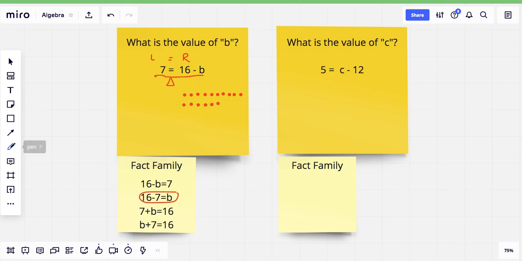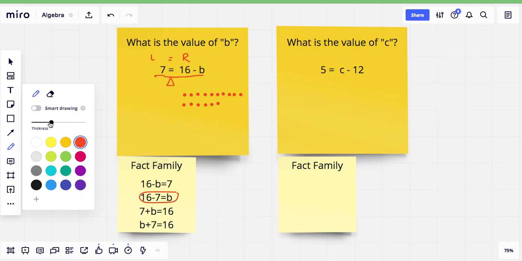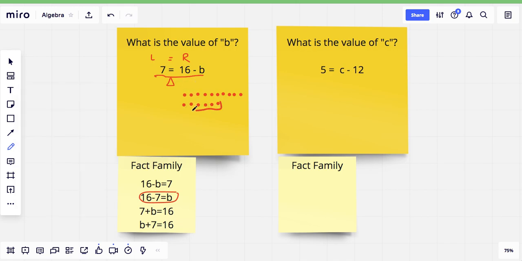Now, I want to take away an amount that leaves me with just 7. Okay, so if I just take 7, 1, 2, 3, 4, 5, 6, and 7, if I just keep those 7 off to the side, that would represent the 7 that I need to have left over.